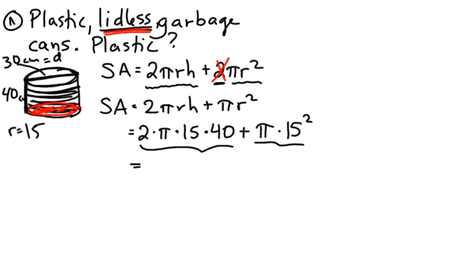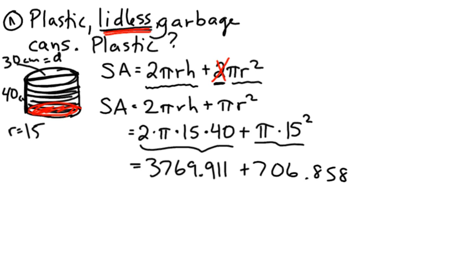So what do we get for calculations? We do the multiplying here, and we end up with 3,769.911 plus the second calculation, pi times 15 squared, or pi times 15 times 15, which gives us 706.858.